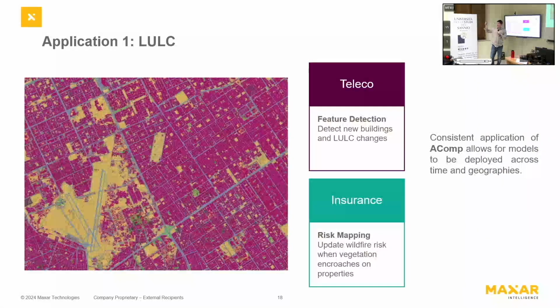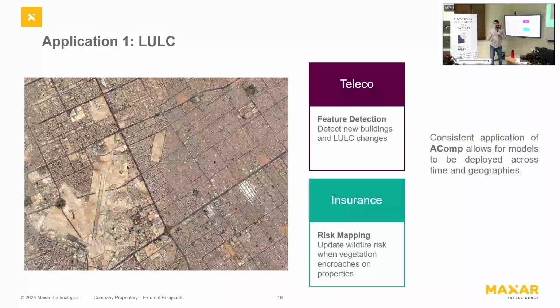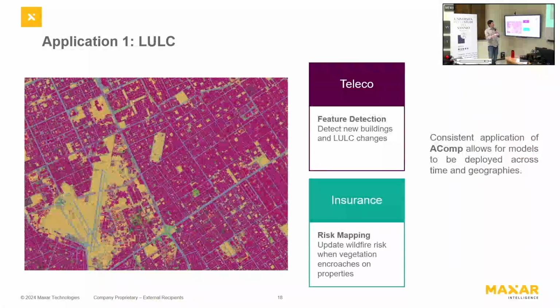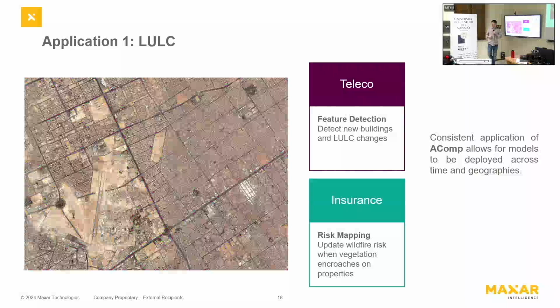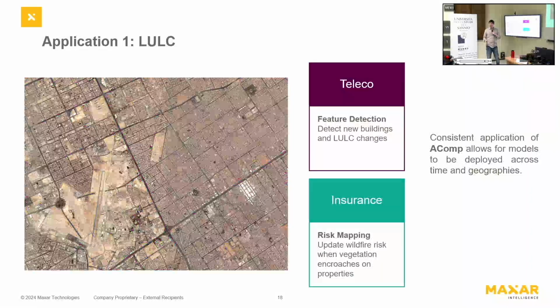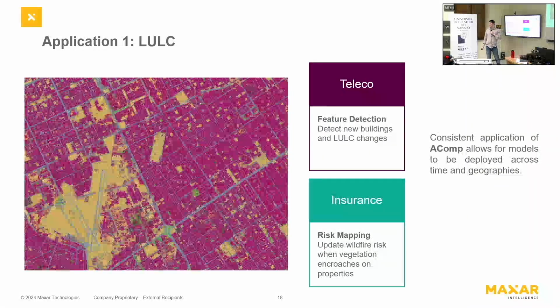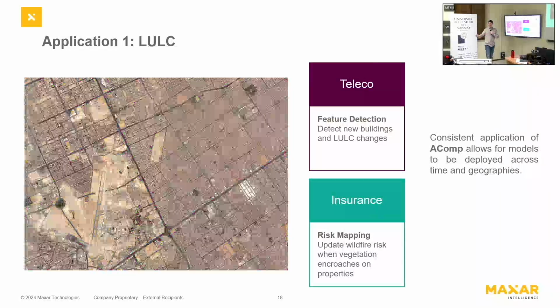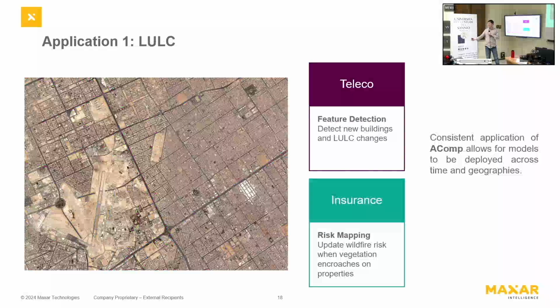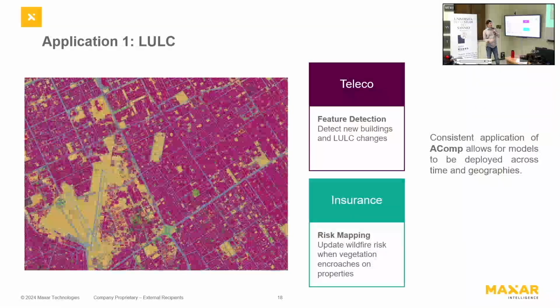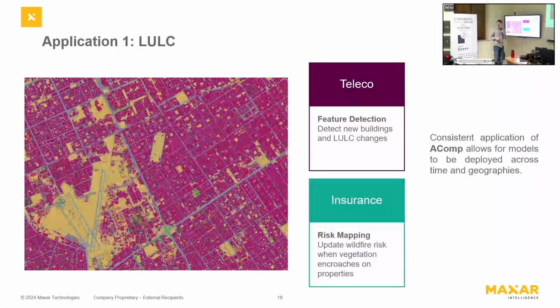So when I'm putting my towers so that you have signal when you're walking down the road, I know the height of this building. I know if someone is building something in front of my tower, because if they do, then I need to move the tower, otherwise those people will not have any service. So the land use, land cover map that people have been working on for several years is a completely different aspect for a telecommunication company.